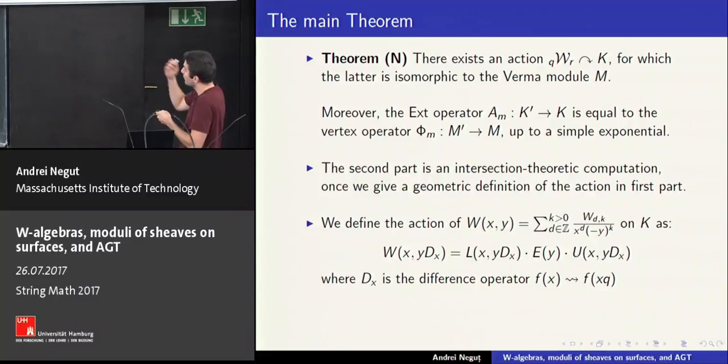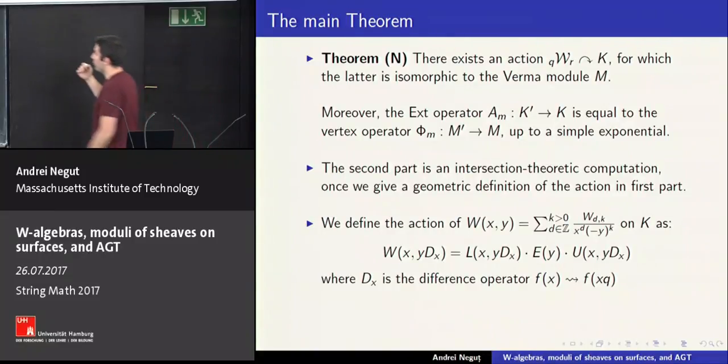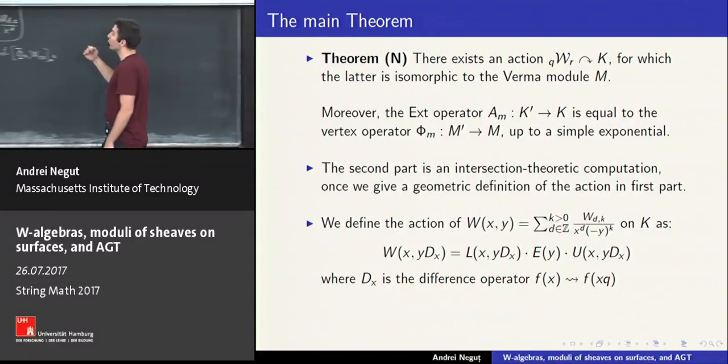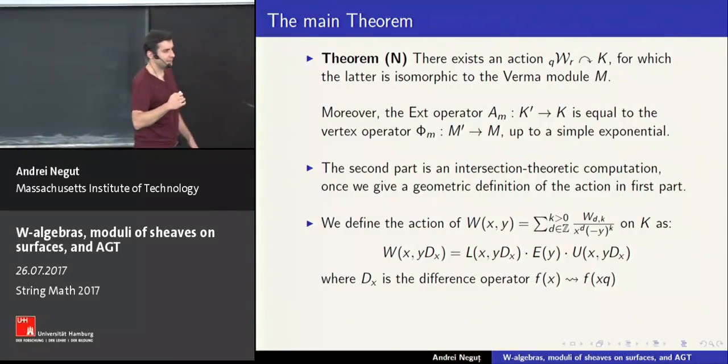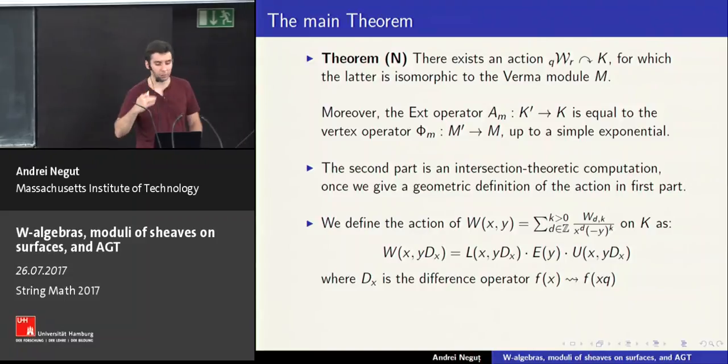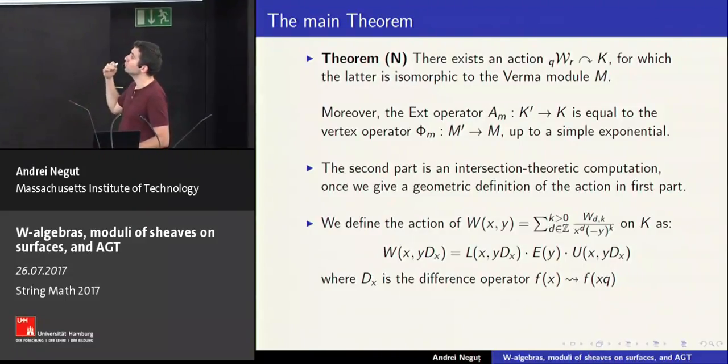I'm encoding in here all the modes WKD, as D goes over all the integers and K goes over the numbers from 1 to infinity, actually. There's something interesting in this formula here. A priori, we have these WK fields only for K going from 1 to R, but we can just define them for all Ks by setting WR plus 1, WR plus 2, and the higher ones equal to 0.